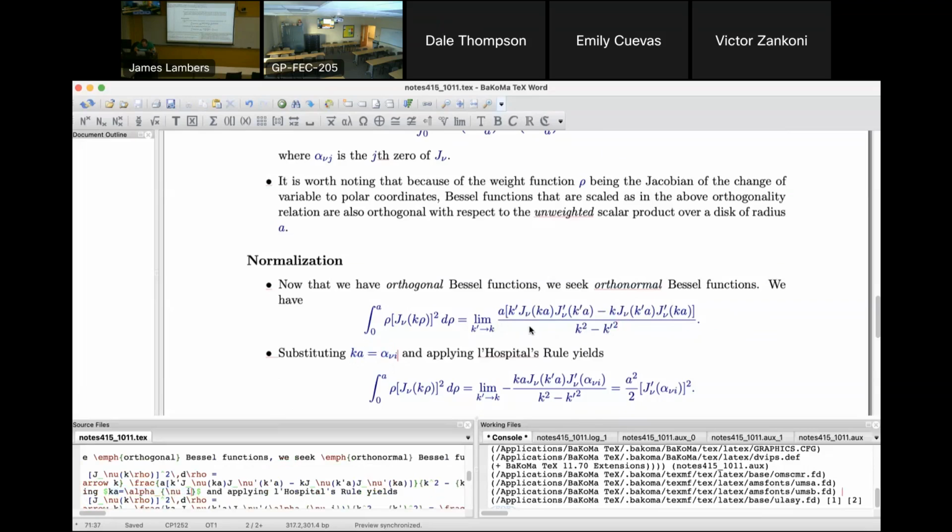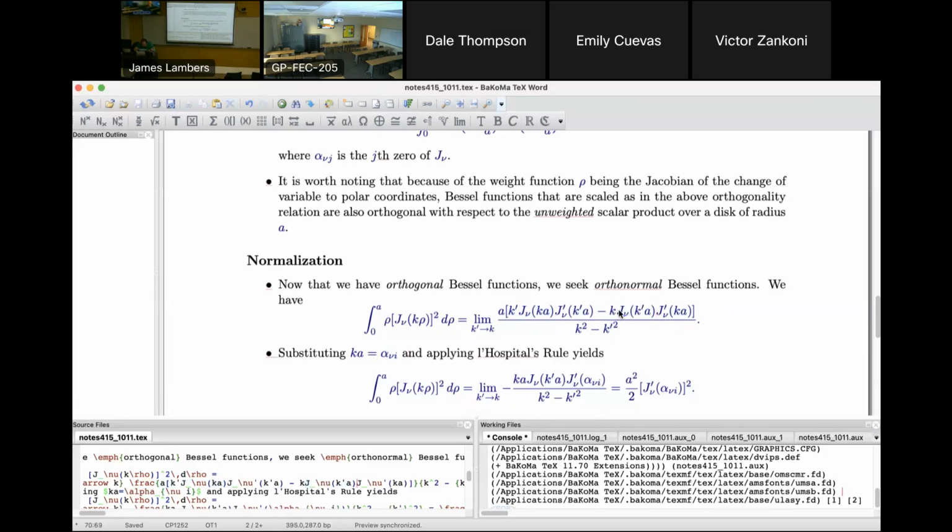Okay, so what ends up happening? We set ka equal to a 0 of a Bessel function. That gets plugged in here. So this whole term is going to go away because that's going to be 0. This part will not be 0 because we still have k prime, it's approaching k.